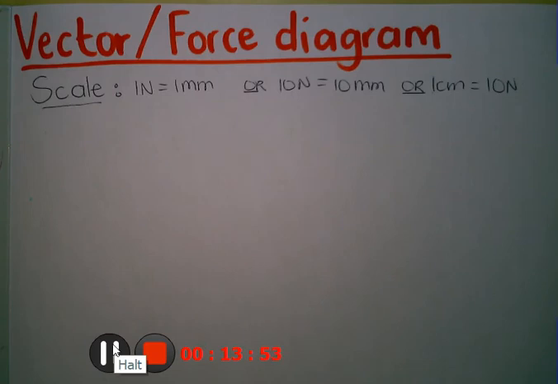Alright, let's continue and draw our vector diagram, which is also our force diagram. I've written down the scales for you. You can choose any that you prefer. Now we are going to draw both shapes.